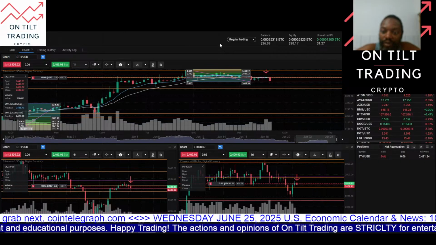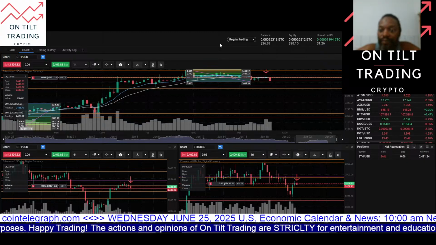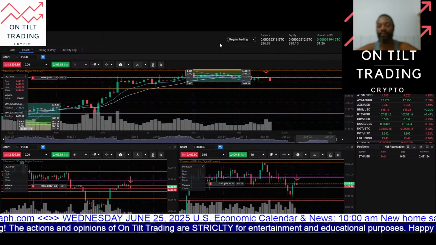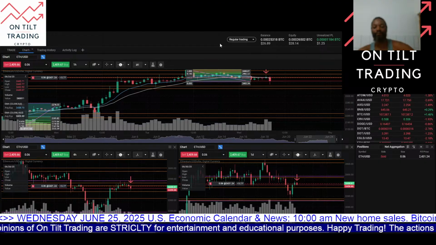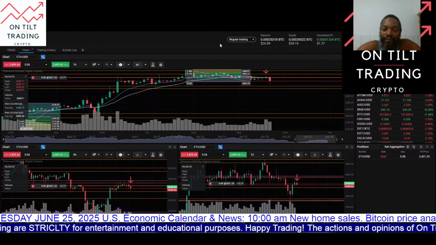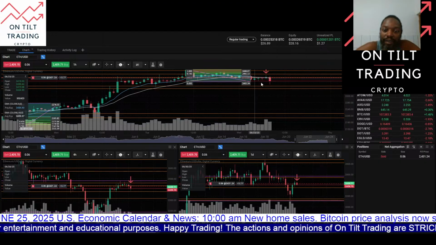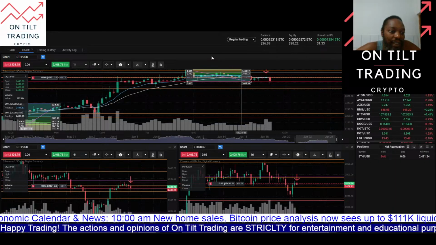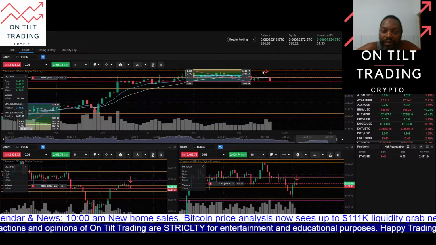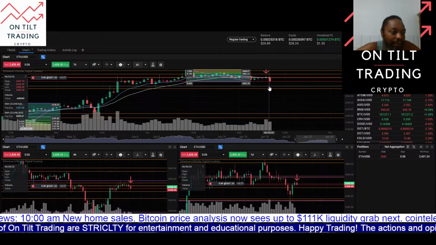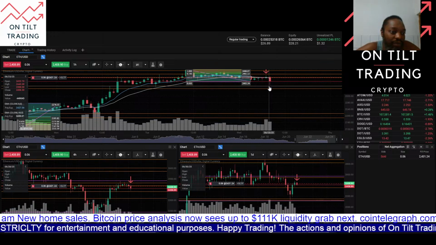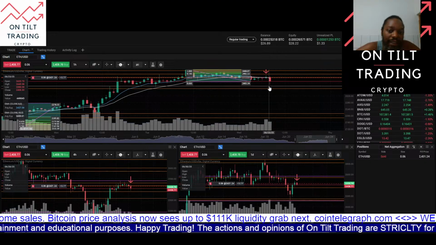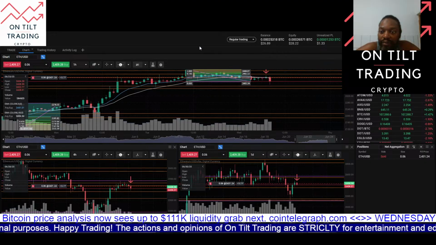Ethereum trading at the 2410 level. So Ethereum seemingly having a reaction off of the 2388.38 level. So I'm going to assume that's going to perhaps be an institutional level of 2380 that it's reacting from.